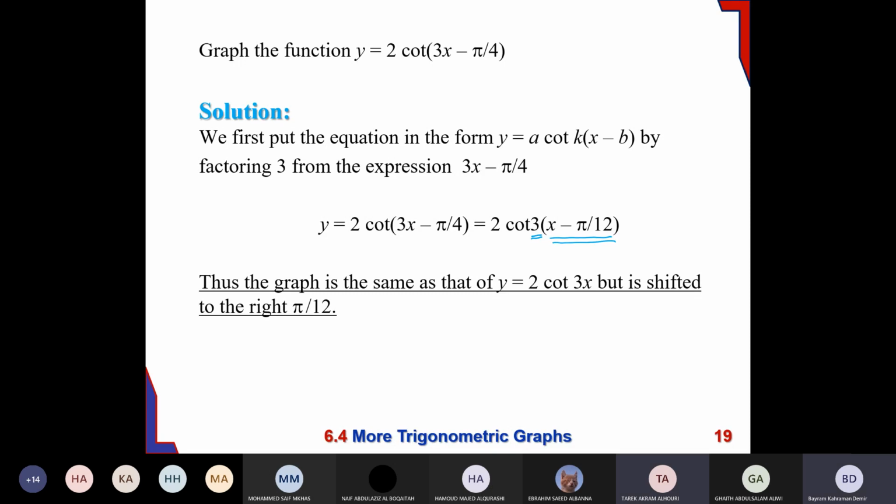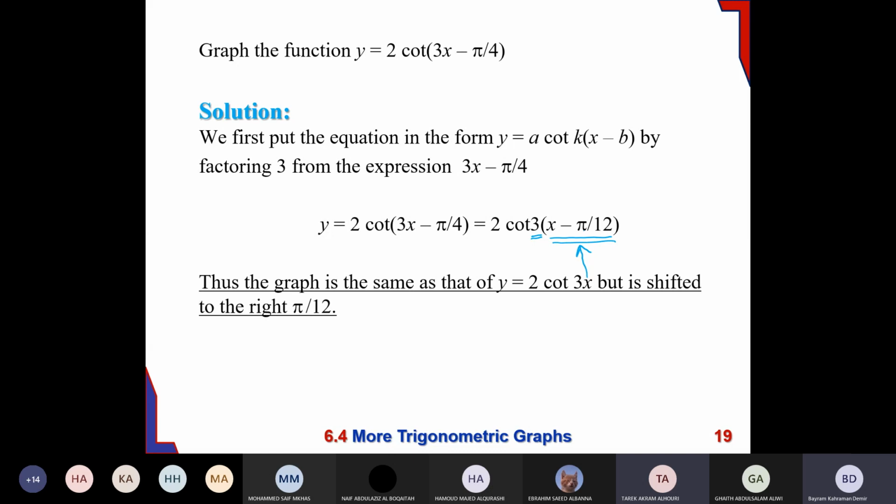Yeah, we are taking the 3 as a common factor to see the changes of the x. So now imagine cotangent of 3x and cotangent of 3 times x minus pi over 12. You see what is happening here? We see the replacement of x by x minus pi over 12.